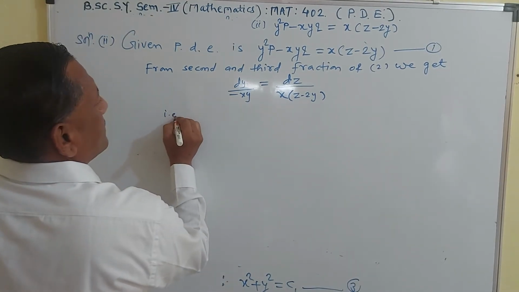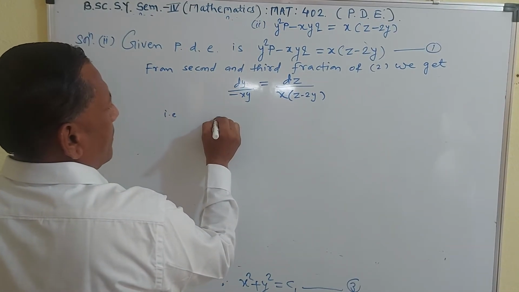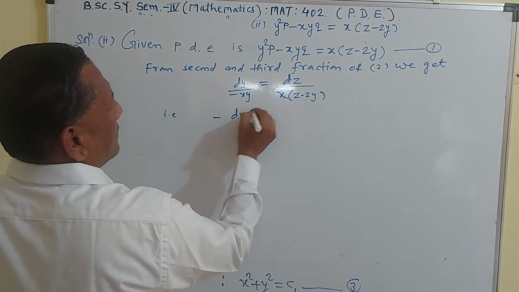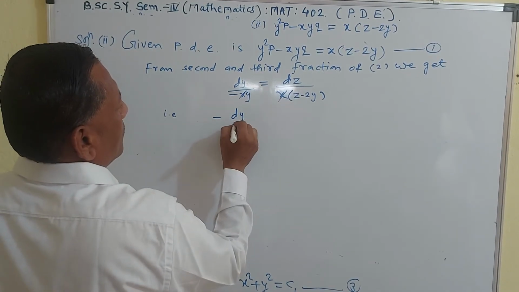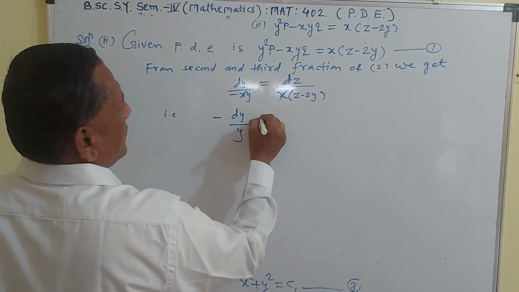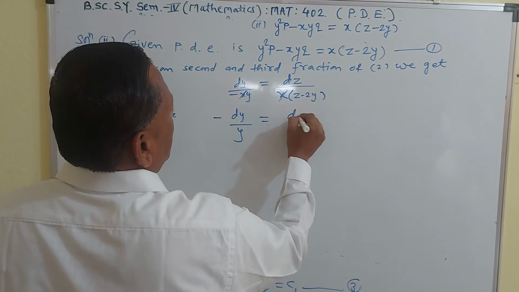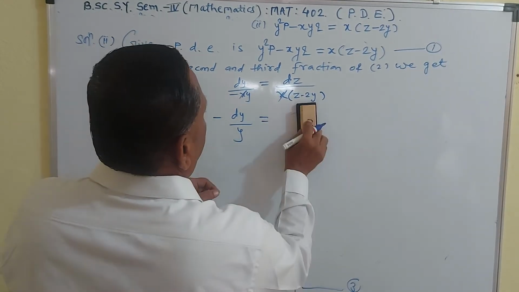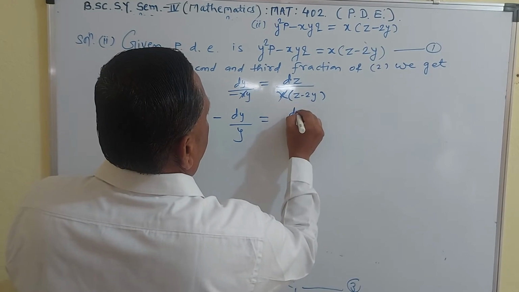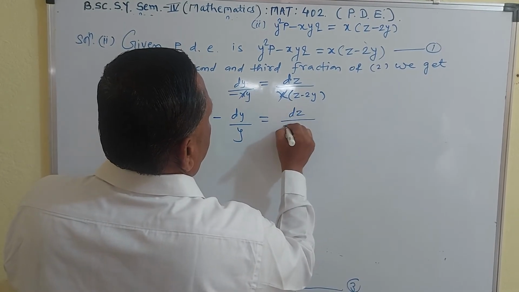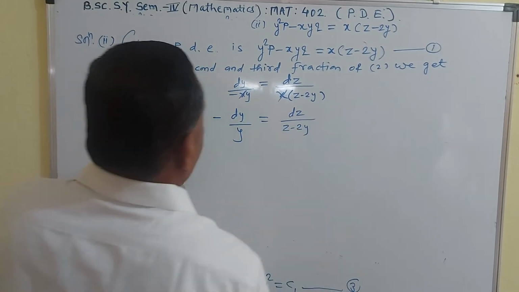This can be written as −dy/y = dz/(z − 2y).